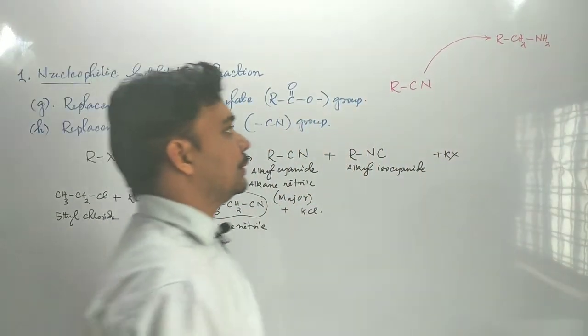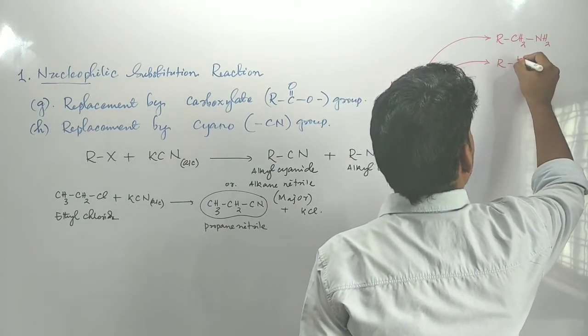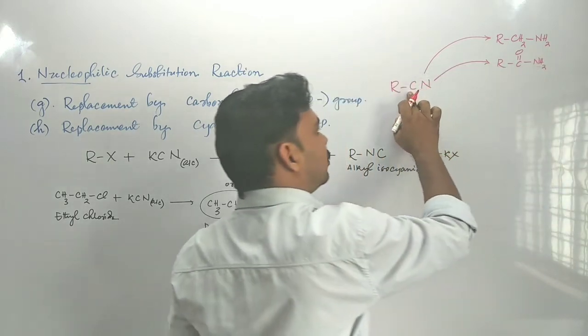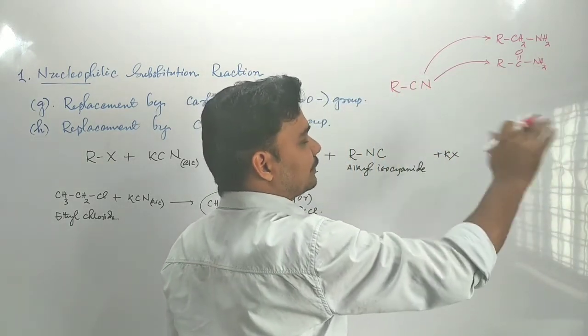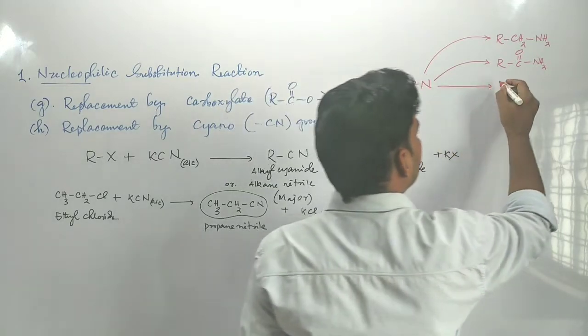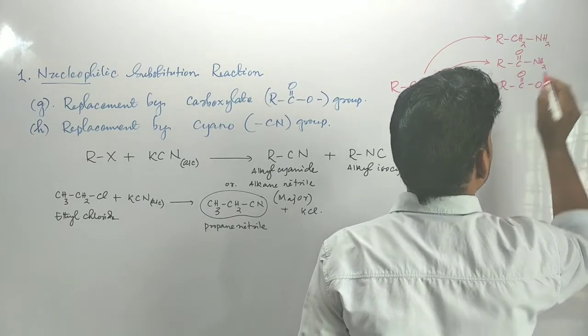These can be converted into amides, RCONH2, when they are hydrolyzed in a controlled manner. When they are hydrolyzed completely, we will get carboxylic acid, RCOOH.